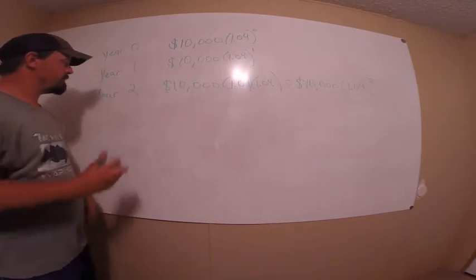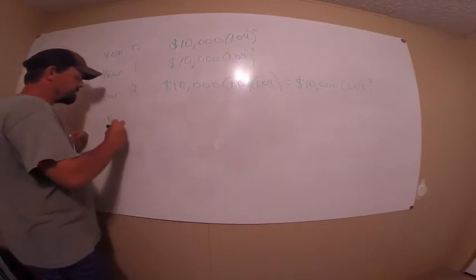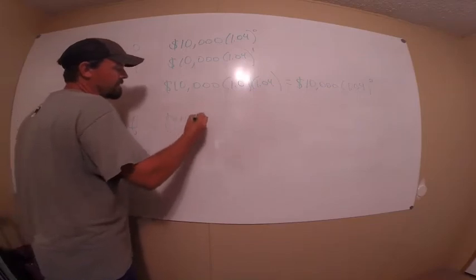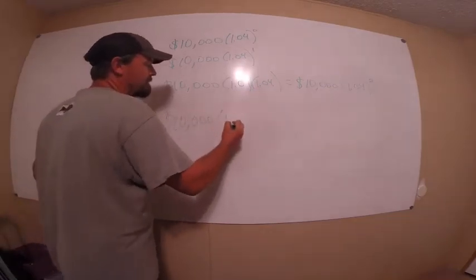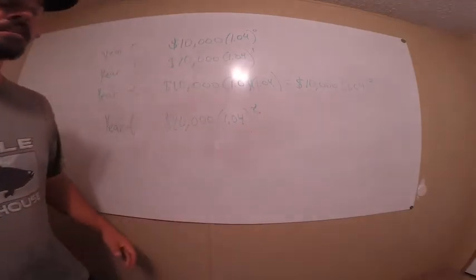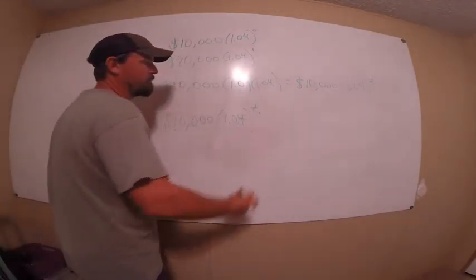So what do you think gives you year t? Hopefully you see it. 10,000 times 1.04 raised to the t, right? That's a pretty simple formula.